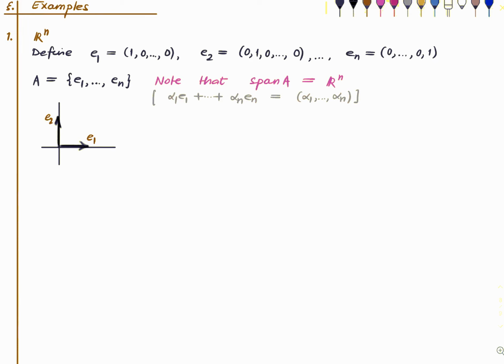You do not need to think too much here. It's just immediate. So clearly span A is R^n, and we have found not just a spanning set, but a finite spanning set. So this shows that R^n is finitely generated.